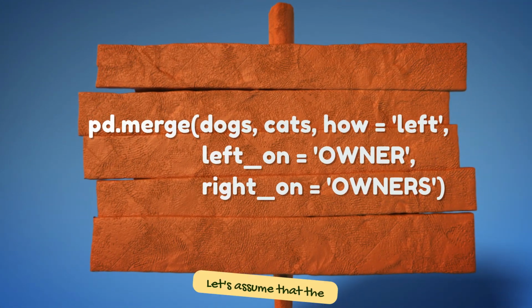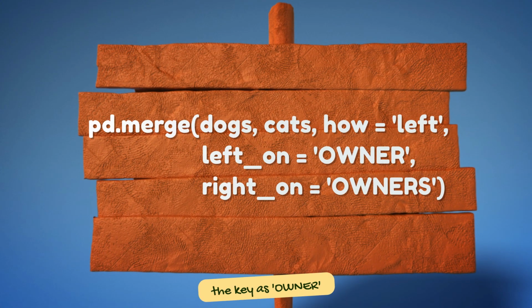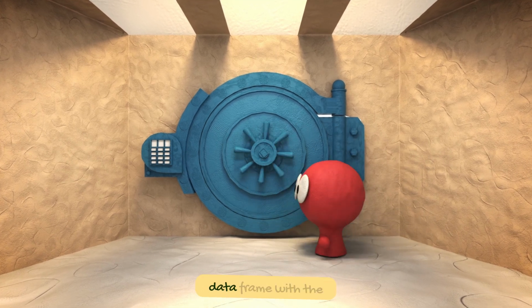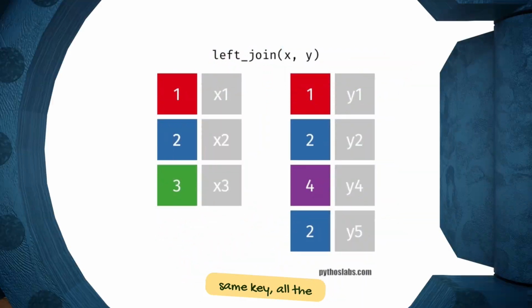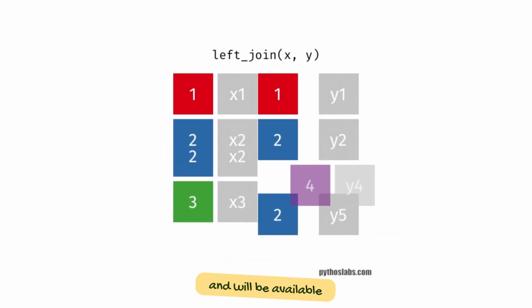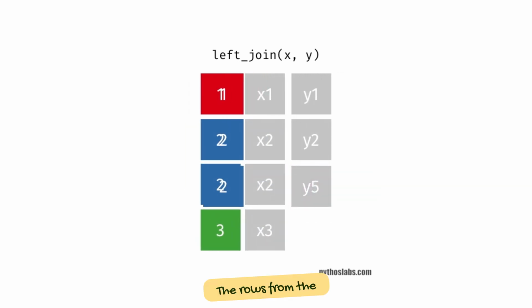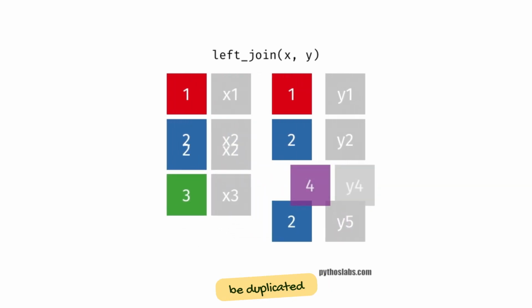Let's assume that the data frame dogs has the key as owner, and the data frame cats has the key as owners. Scenario 3. If you have multiple rows in the right data frame with the same key, all the rows will be merged and will be available in the final output data frame as new rows. The rows from the left data frame will be duplicated.